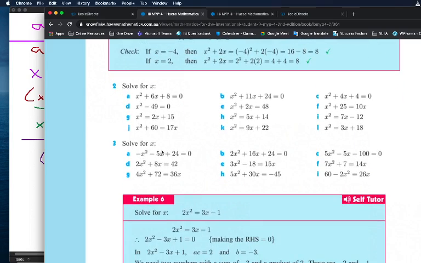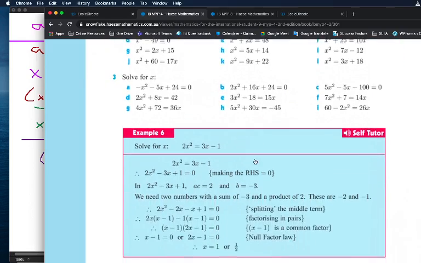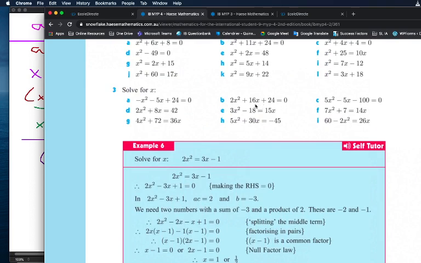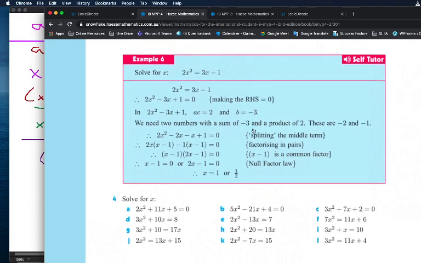Question 3 is getting a little bit more difficult. So you have to factor out some numbers. So there's a common factor of 2 in 2x squared, 16x, and 24. So you can divide out the 2 and then use the table method in here, okay? Or pardon me, not the table method, the box method, because there's 3 terms, okay?